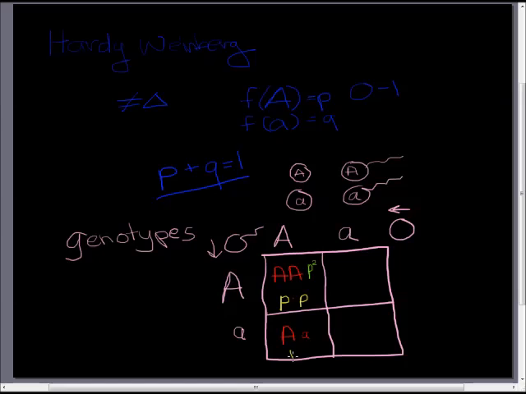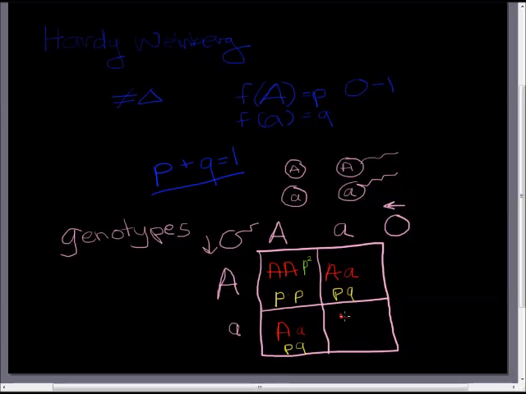So P squared is the frequency of the big A big A genotype. Our next genotype is going to be big A little a, and the frequency that we find this genotype is going to be the frequency of getting one of these big A eggs and one of these little a sperm. So that's going to be P for the big A egg times Q for the little a sperm. Our next genotype is going to be another big A little a, but this time we're getting the big A from the sperm and the little a from the egg.